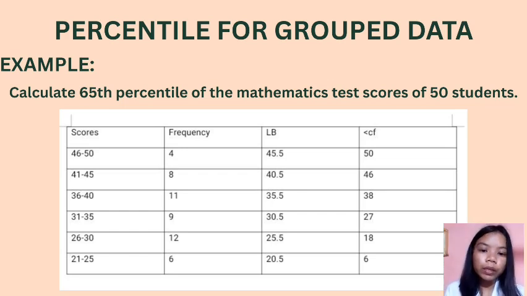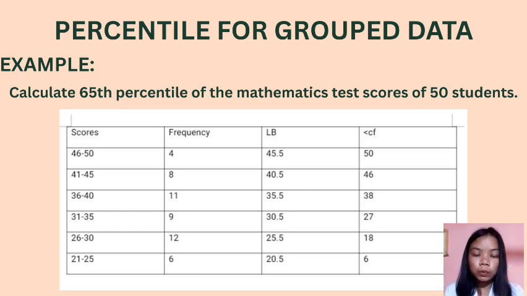How do we find the lower boundary? Simply subtract 0.5 from the lower limits, which are 46, 41, 36, 31, 26, then 21. So 46 minus 0.5 is equal to 45.5, and so on.